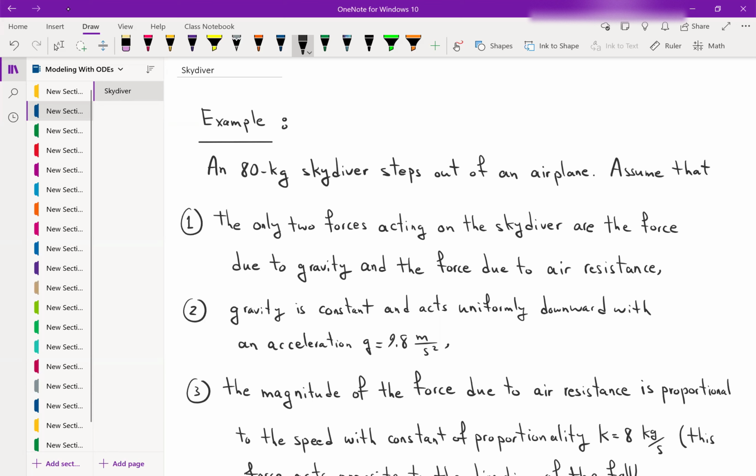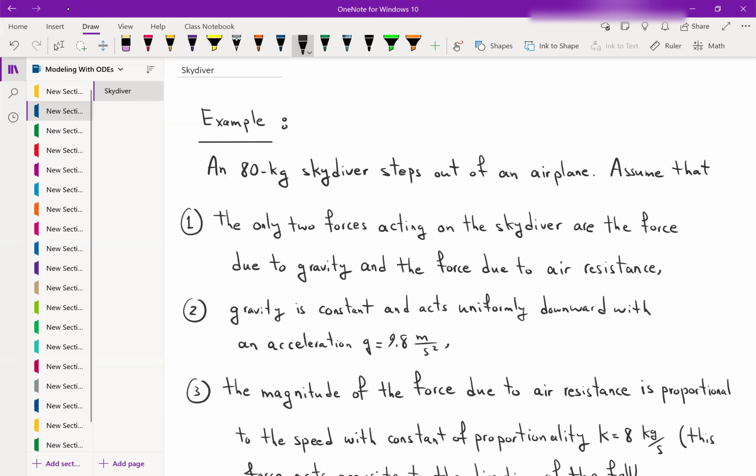Later, we will see an example in another video where we actually consider the variation of the gravitational force with the distance from the center of the Earth. But for this example, gravity will be equal to mg. m is the mass, g is the acceleration due to gravity.